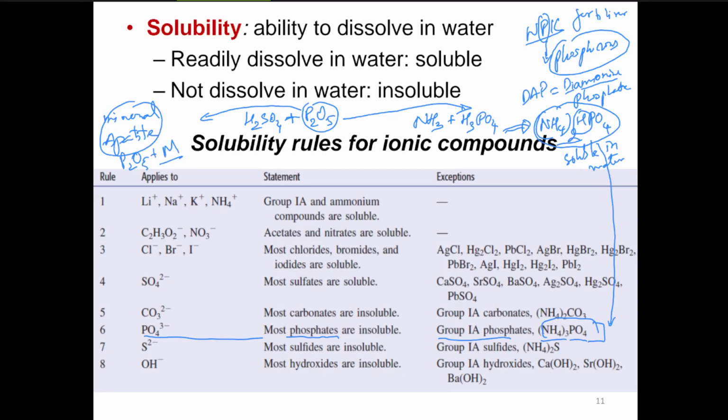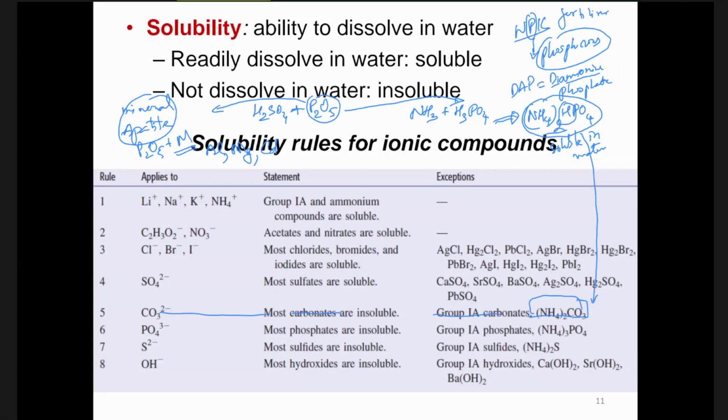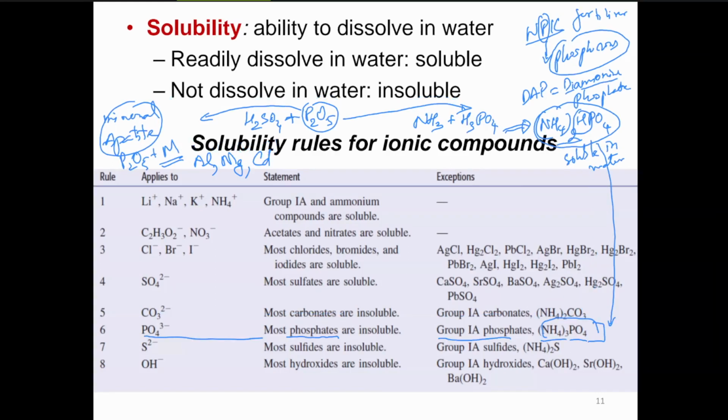The metal here can be aluminum, magnesium, or cadmium. So what could be the problem? The problem is that in the DAP company, they take the apatite mineral, react it with sulfuric acid, generating phosphoric acid, and then react the phosphoric acid with ammonia, sorry, NH3, to make DAP.